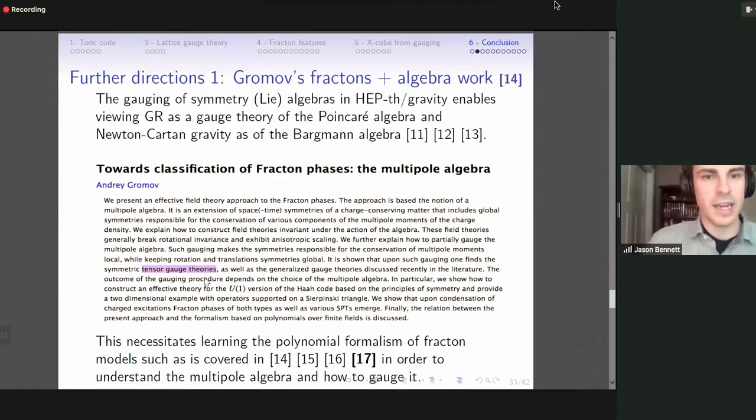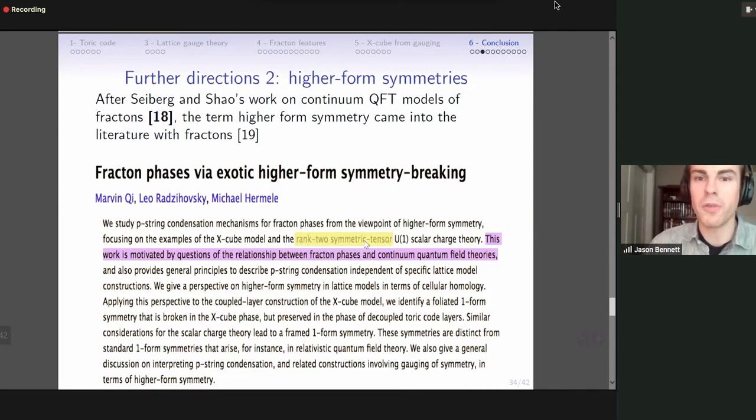And you'll see that I highlighted this thing called tensor gauge theory. It is an upgrade into thinking about things in higher forms, in a differential form language. And I wanted to highlight that because it relates both of these two further directions.